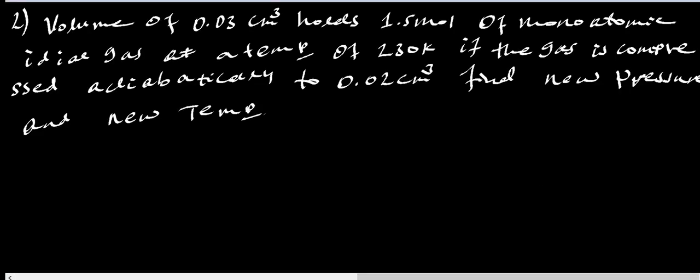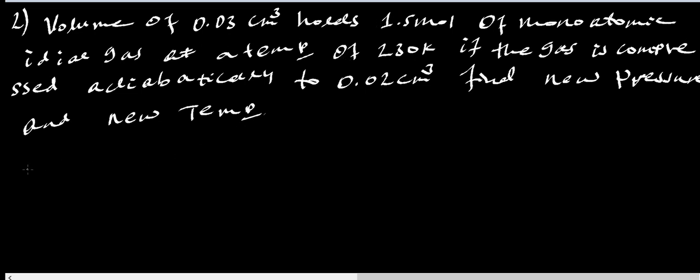Okay, question number 2 says that a volume of 0.03 centimeter cube holds 1.5 mole of monatomic ideal gas at a temperature of this much.